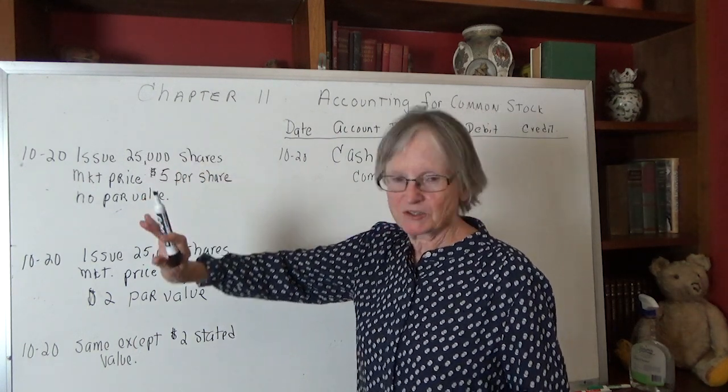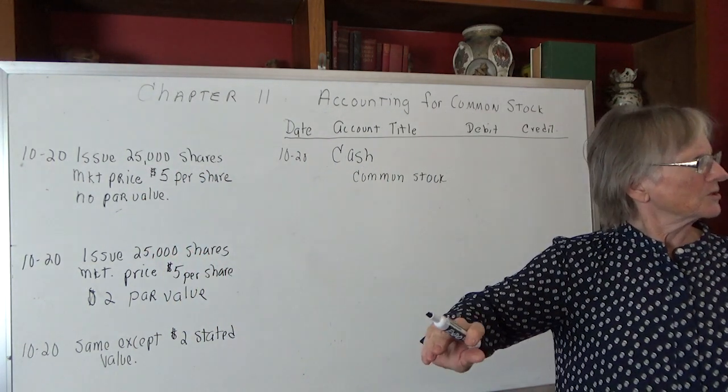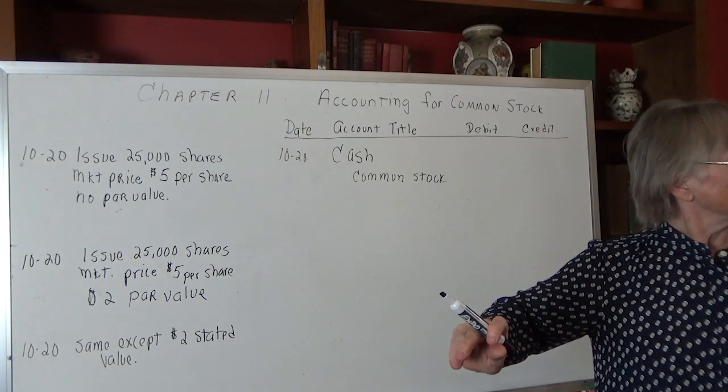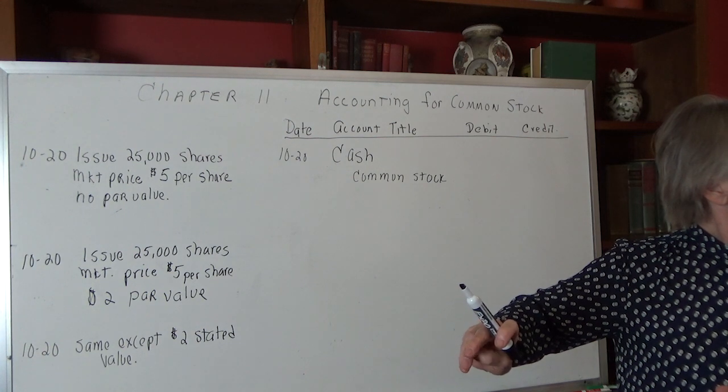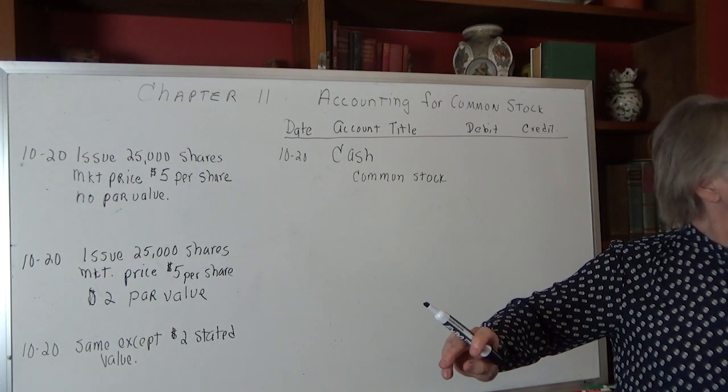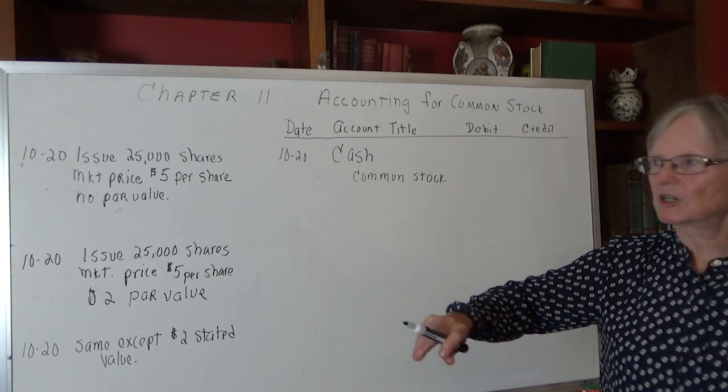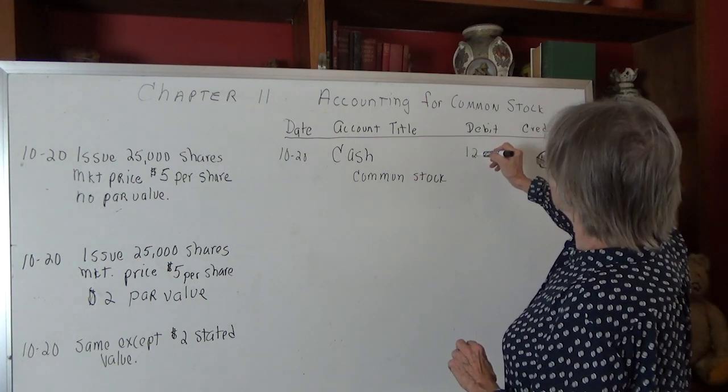So we just multiply those out, and we're going to get, is this right? 5 times 25,000? Okay, so we're going to be getting $125,000 in cash.